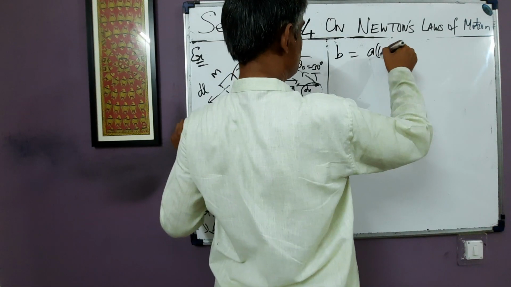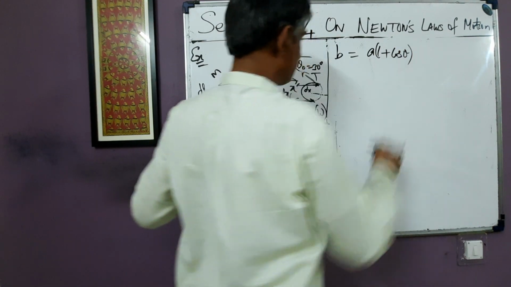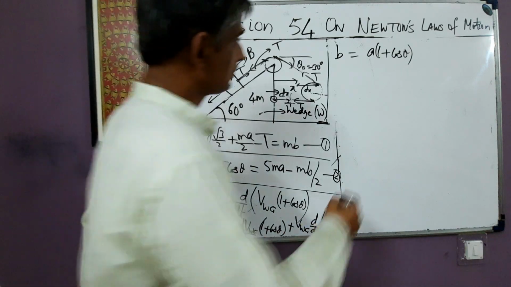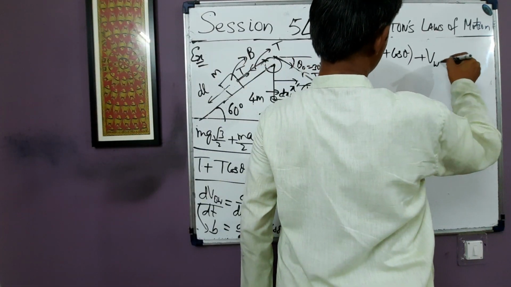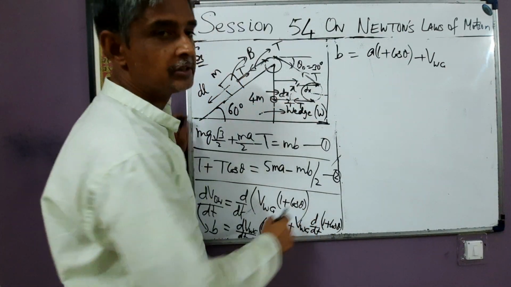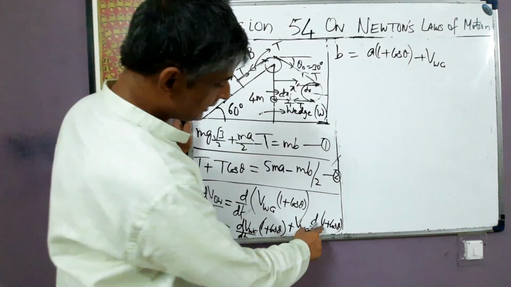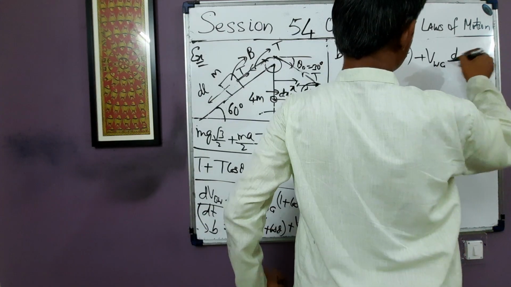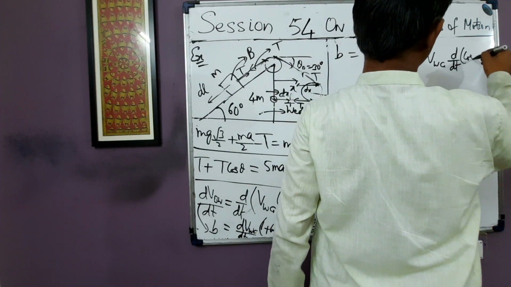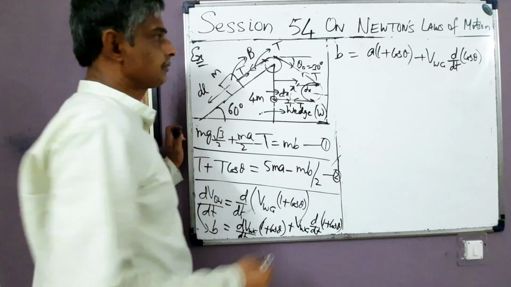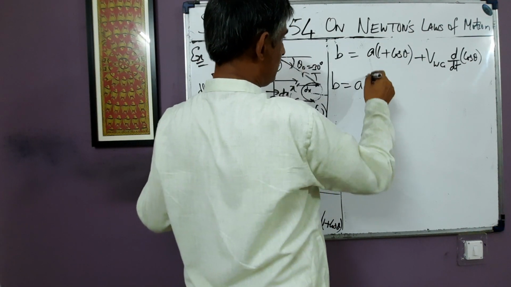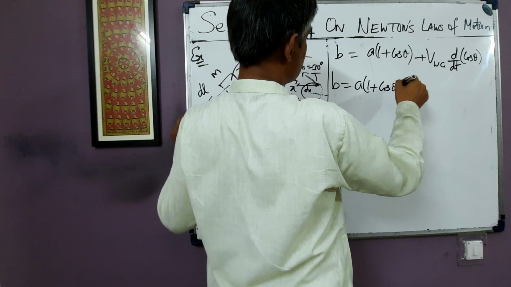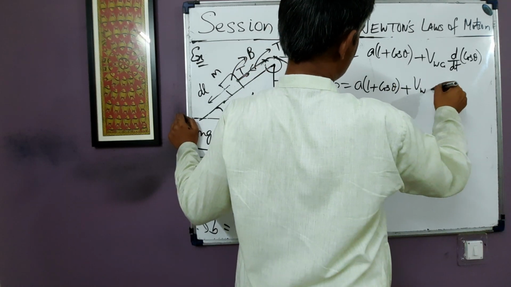So it becomes a into 1 plus cos theta plus VWG d by dt of 1, which is 0, derivative of a constant is 0, and d by dt of cos theta.